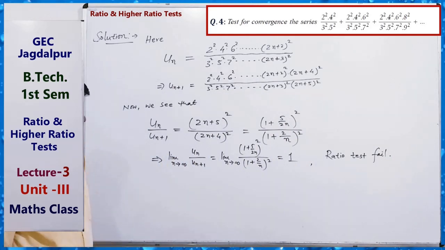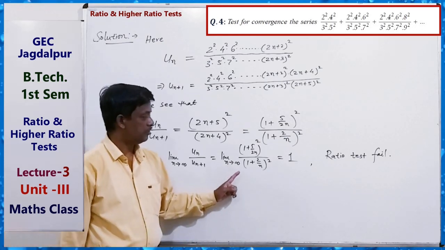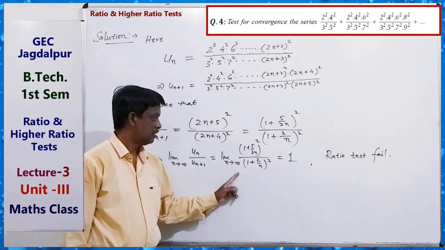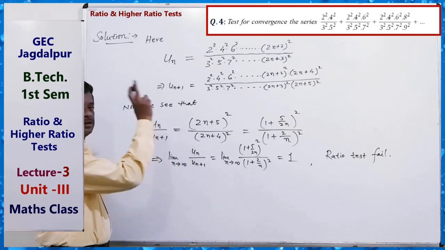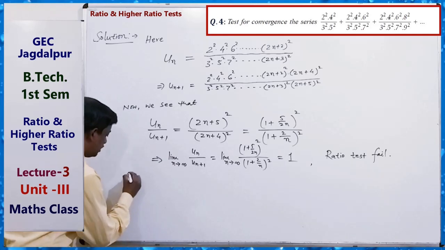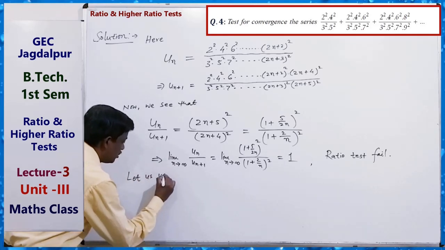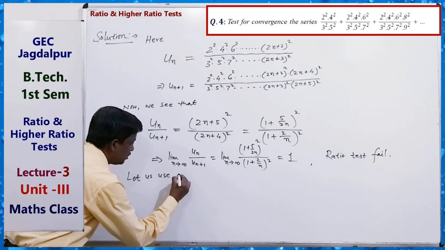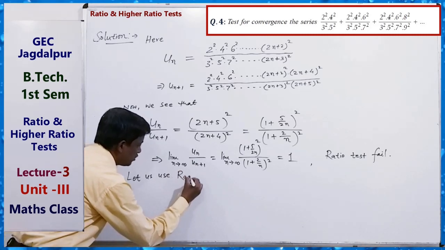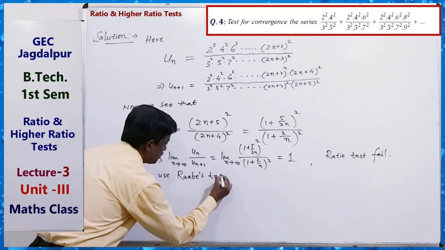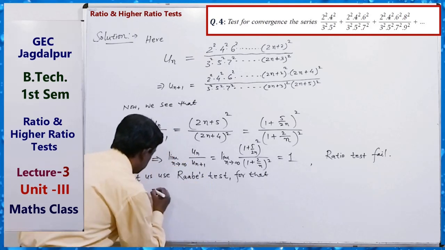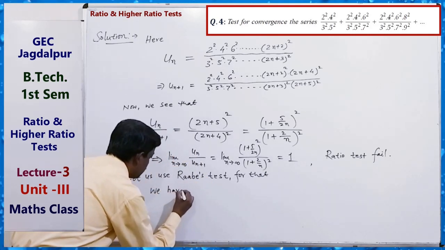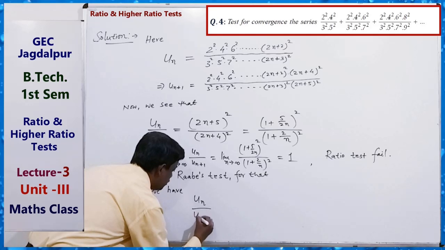Clear? Now try to find the limit for Raabe's test. Let us use Raabe's test. For that, we have un upon un plus 1.